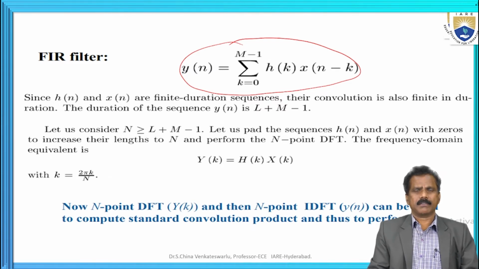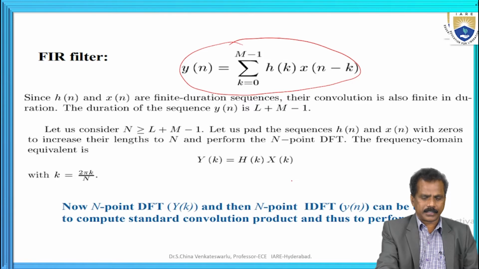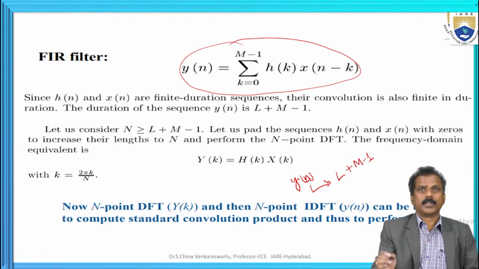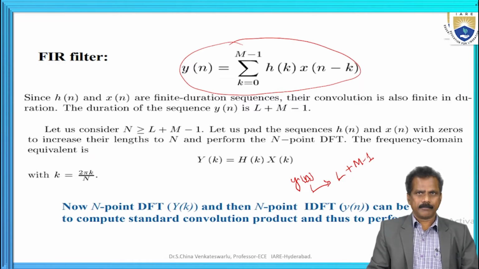The duration of the output sequence y of n is specified as L plus capital M minus 1. Let us consider the condition capital N greater than or equal to L plus M minus 1.